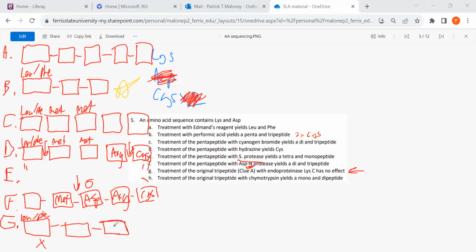Since it has no effect and is a C-terminal cleaver, we must assume it is already at the C-terminal for this one. So lysine is going to be put into this last position. Because it's put in the last position, that allows us to guarantee our cysteine bond is there. So we can cross that off and that off. Do we agree G gets us to that spot?